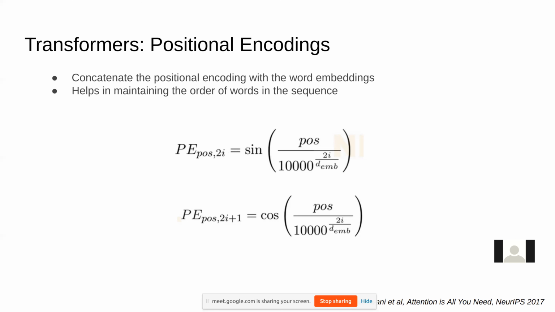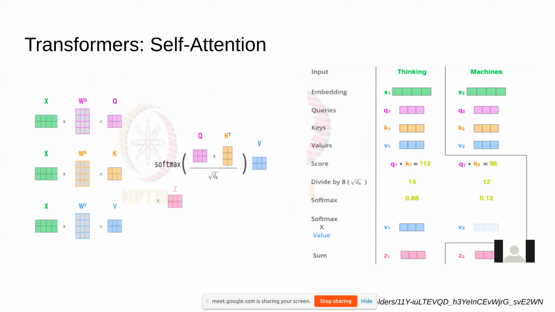If the word embedding dimension is 512, then this i represents each and every index of that embedding, and that's how we compute it. Once we've computed these positional encodings, they will be added to the word embeddings and given as input to the transformer. Now, the next component of the transformer is self-attention.